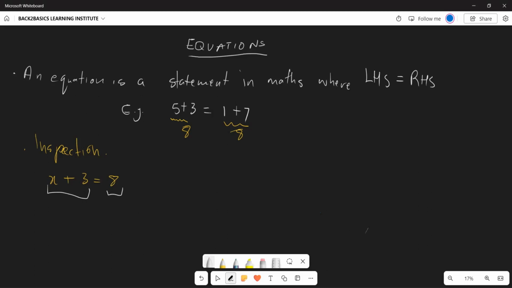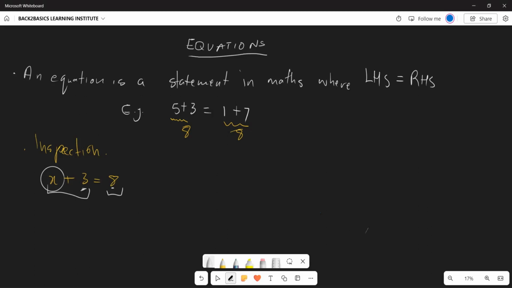Which number do you need as your x so that when you add it to 3, it gives you 8? Are we together? That's why I'm saying you can simply solve this by inspection, or you can solve this using mathematical calculations.